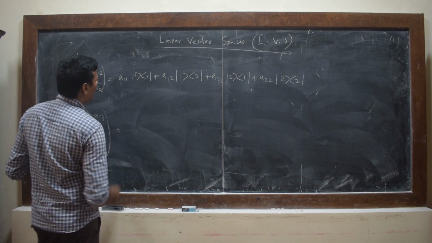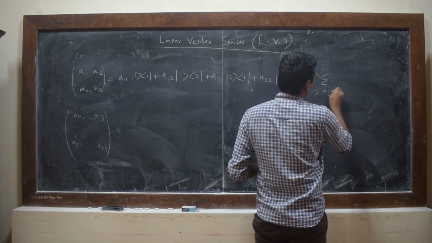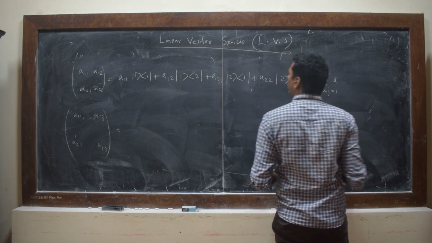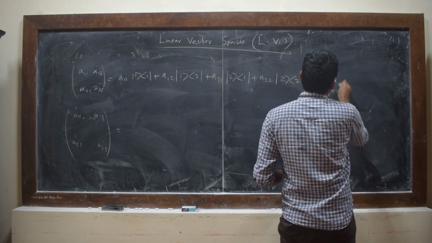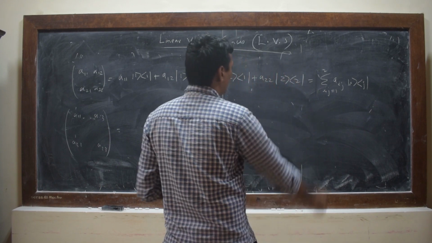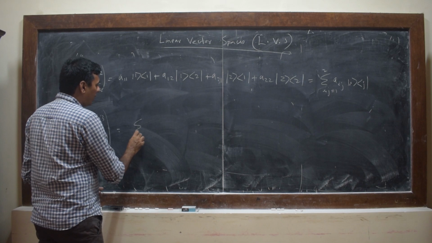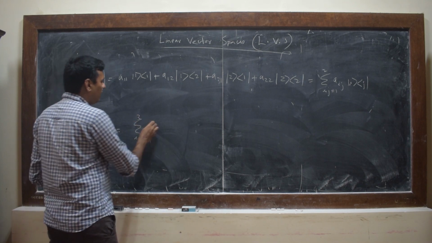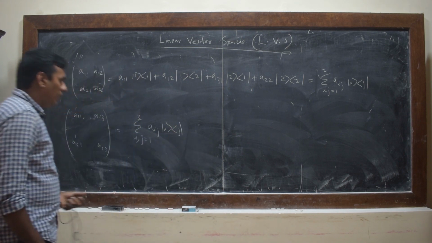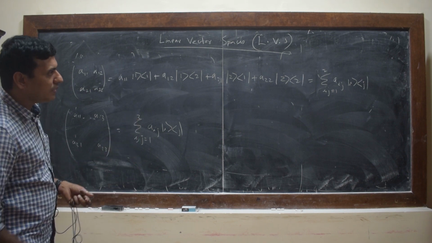Okay. So you can generalize it as a summation over i, j equal to 1 to 2 of Aij |i><j|. If it is a 3 cross 3 matrix, it will be i, j equal to 1 to 3 of Aij |i><j|, and in this way you can expand the matrix. Okay.